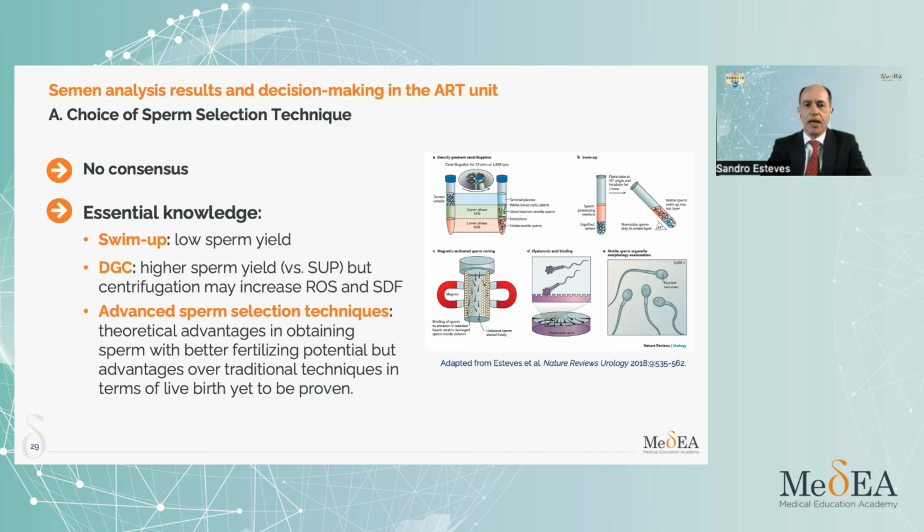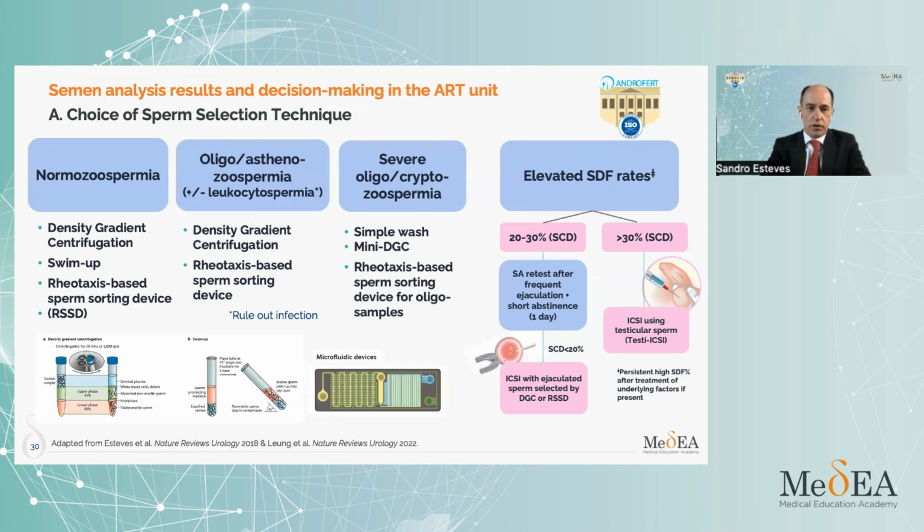In our clinic, we use different techniques according to the patient profile. In your clinic, you need to choose the sperm selection technique that best suits your needs based on your own experience, available resources, and also costs. Here's a snapshot of what we use in our clinic. We routinely combine the results of the basic semen analysis and sperm DNA fragmentation testing for decision-making.